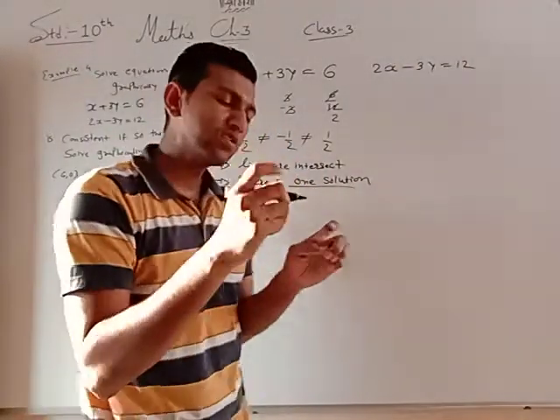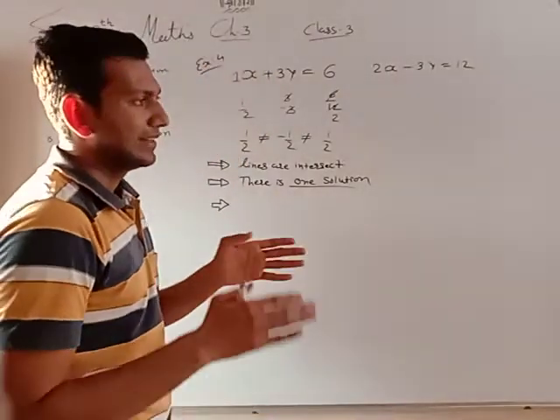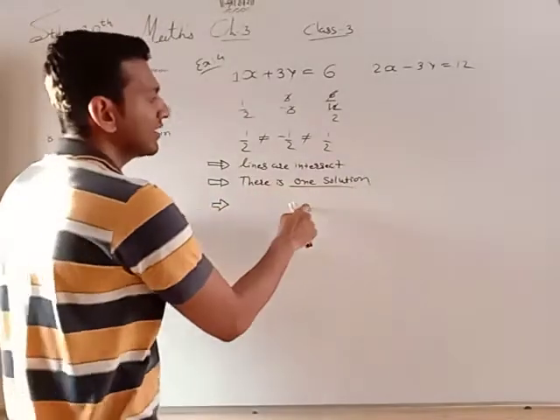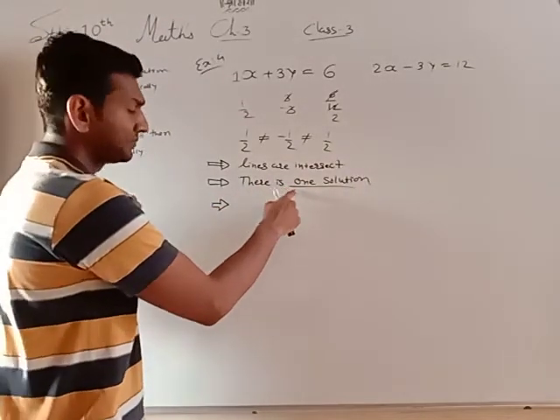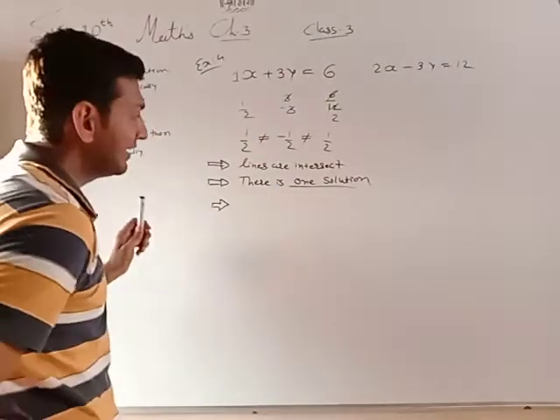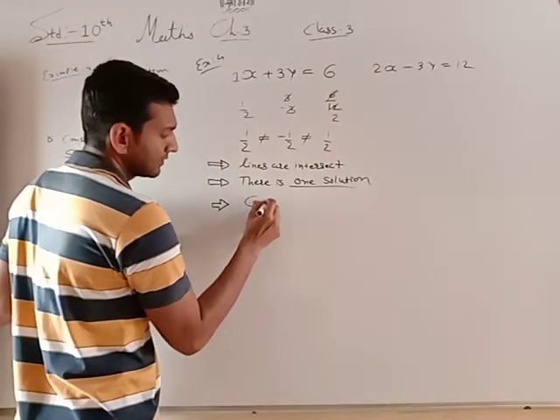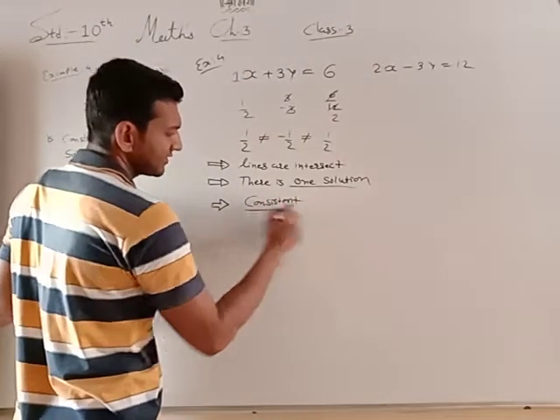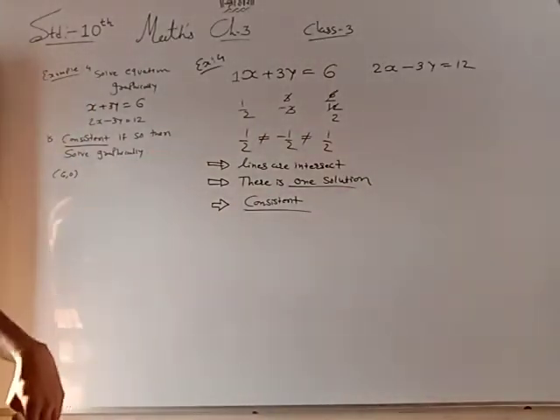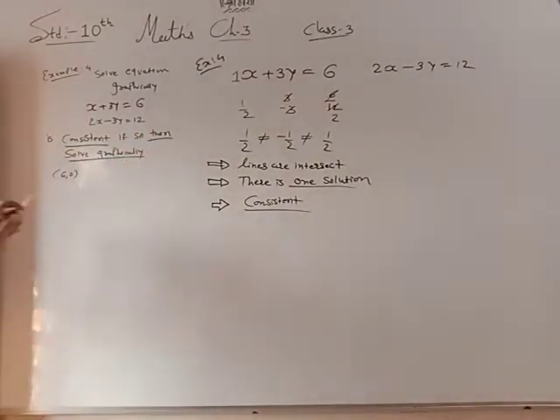If one solution, it means the equations are consistent, and if there is no solution or infinite solutions, in both cases not consistent. But here one solution means the lines are consistent. Now solve it graphically.